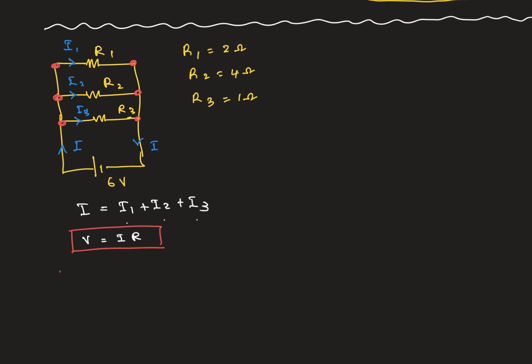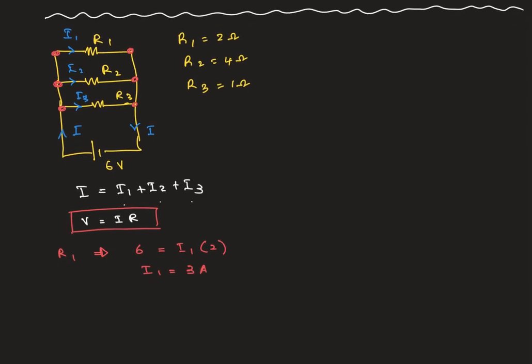So let's take R1 first. 6 equals I1, R1 is 2, and the answer for I1 is 3 amperes. Let's take R2 then. 6 equals I2, R2 is 4.